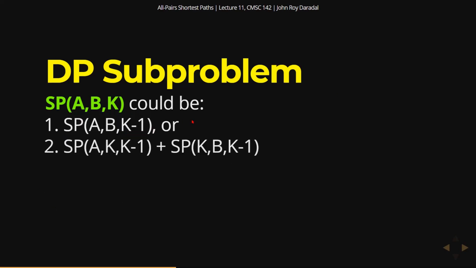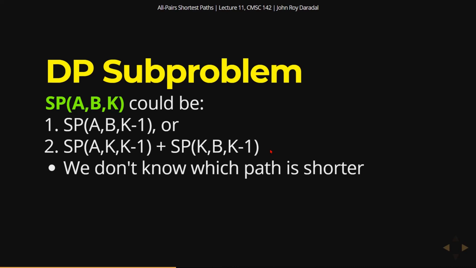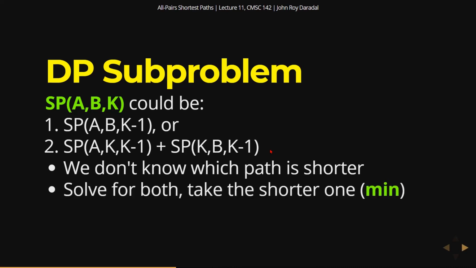Okay, but however, we don't know which of the two is the right answer. So it could be that it doesn't pass through K, so this is the subproblem, SP of A, B, K minus 1. Or if it does go through K, this would be the subproblem, SP of A, K, K minus 1 plus SP of K, B, K minus 1. So since we don't know which path is shorter, we will solve for both and then take the shorter one.